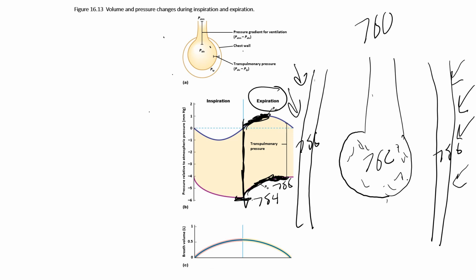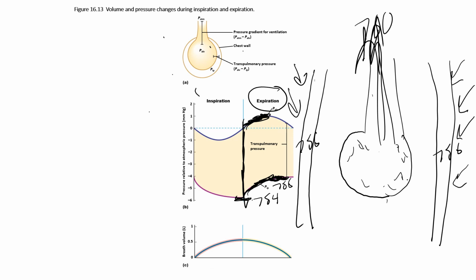So air moves from high pressure to low pressure. Air is going to move from the lungs out into the atmosphere. That's what happens when you blow air out of your lungs and you exhale. And as more and more air is leaving the alveoli, it's losing gases that make up the air, and thus that decreases the air pressure in the alveoli.